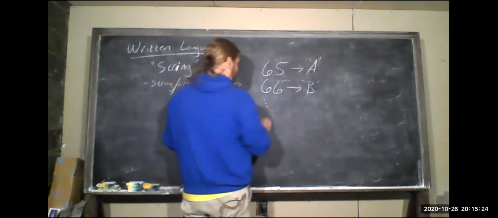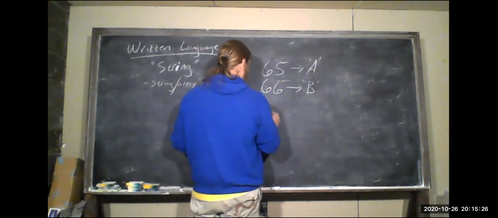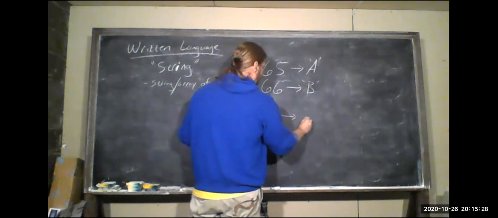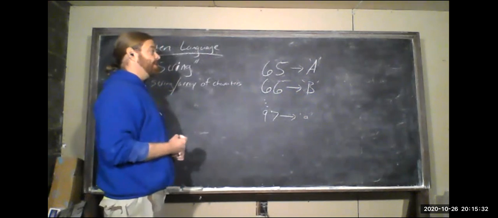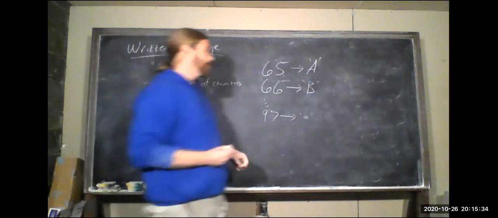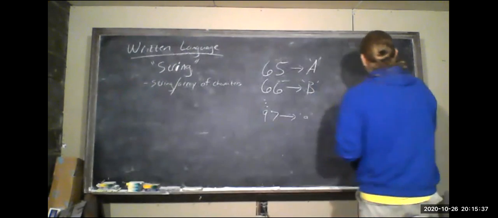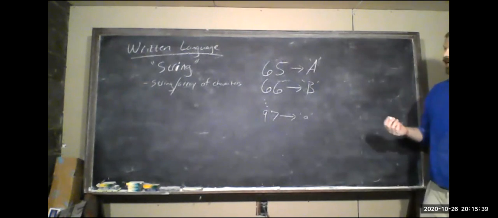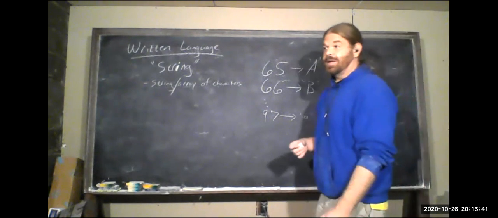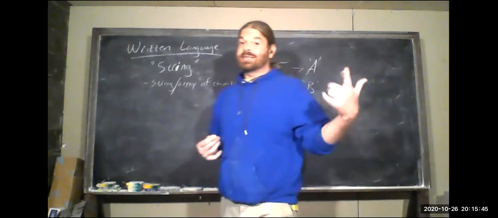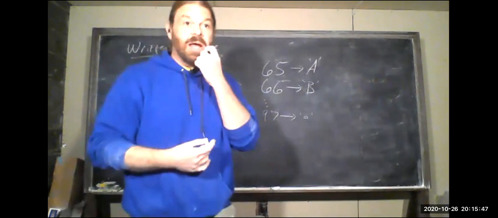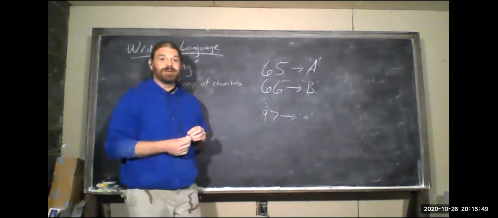Coming down the alphabet, 97, lowercase a. Our digits are in there. 32 is a space. 9 is a tab key. There's a whole lot of them in there, right?